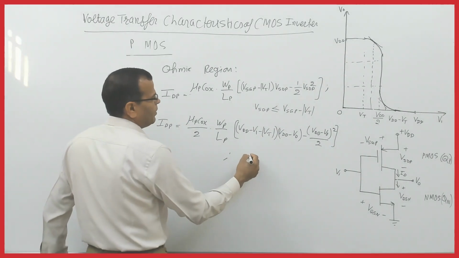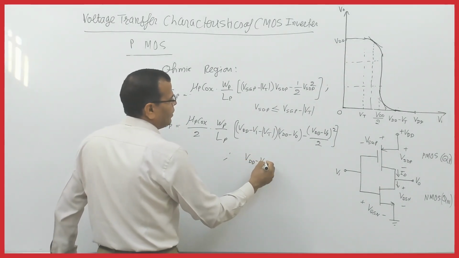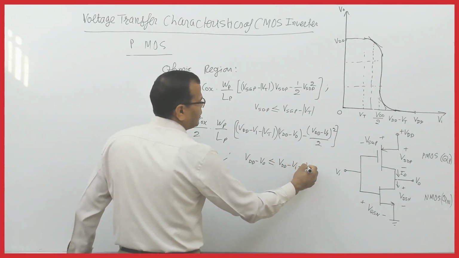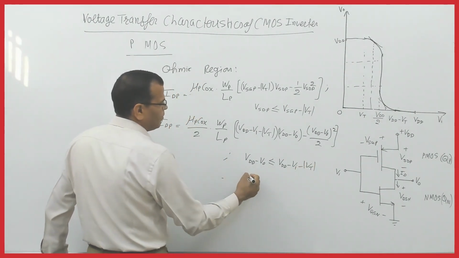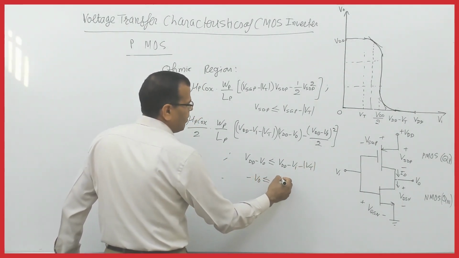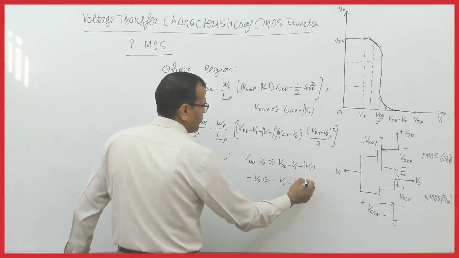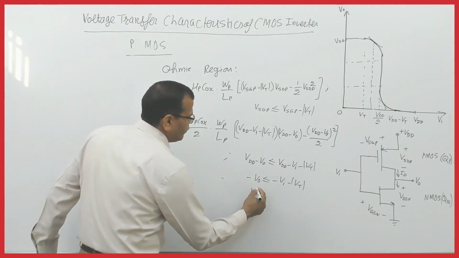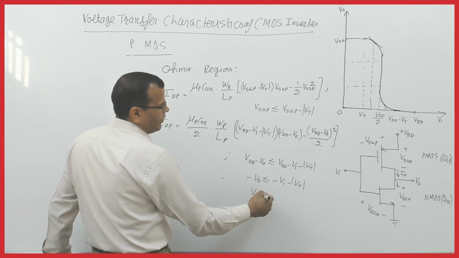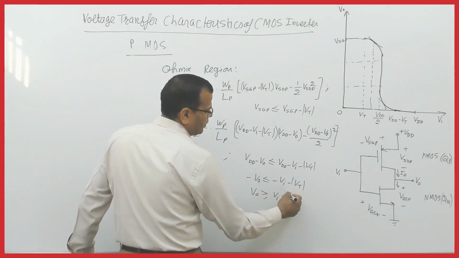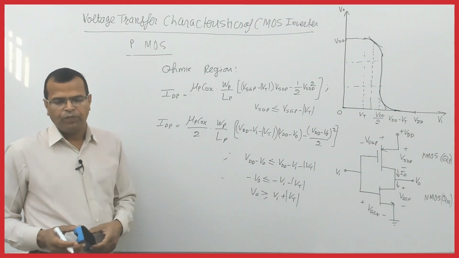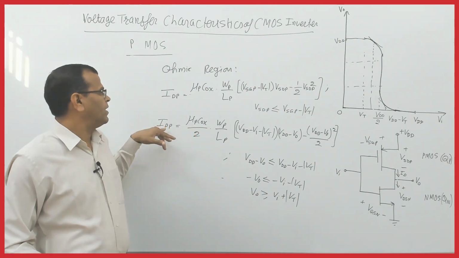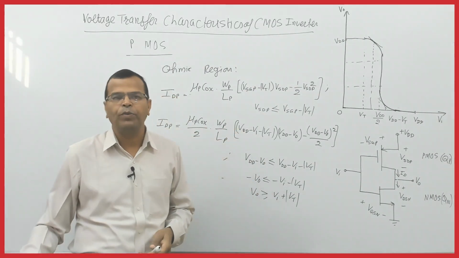The condition here becomes VDD minus V0 less than or equal to VDD minus VI minus VT, or this gives minus V0 less than or equal to minus VI minus VT. That's it. Or this gives V naught greater than, if you remove the negative sign, VI plus V threshold. That is how we derive the condition for the ohmic region, and we find the drain current in terms of output and input voltages.